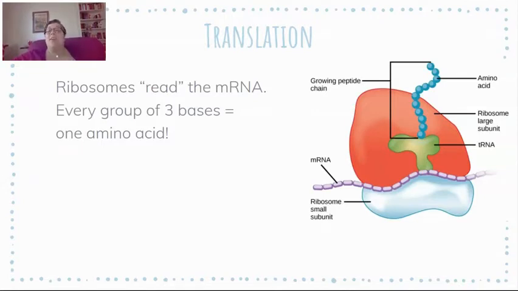So using that 3-letter nucleotide code, the ribosome can read the mRNA and use another kind of RNA, tRNA, to start building a protein where every amino acid has a 3-letter nucleotide code that represents it.